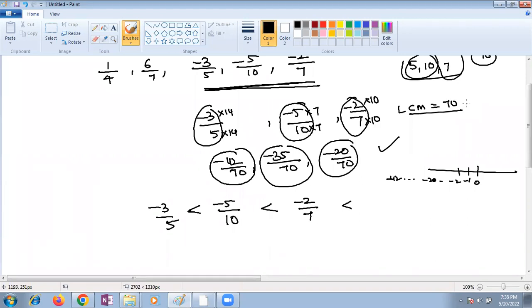Yes, ma'am. That is very easy. If you want to compare 1 by 4 and 6 by 7, go with cross multiplication. Very simple technique: 7 and 24. Which is greater by looking? 6 by 7 is greater. You can do this easily, Deepti.